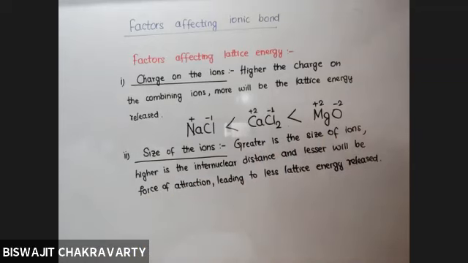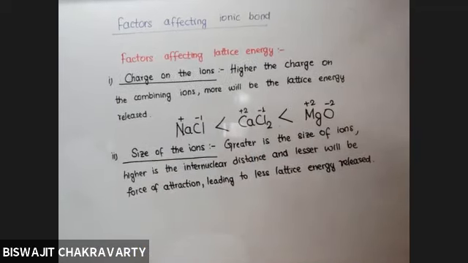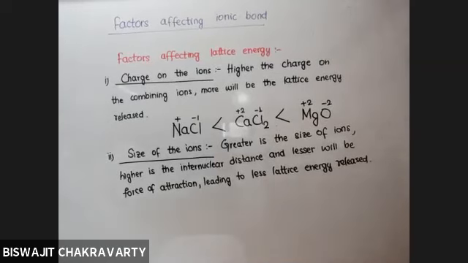So as the size of the ion increases, obviously the distance between the oppositely charged ions as far as their nucleus is concerned will be more. And if the distance is more, the force of attraction will be less. And if the force of attraction is less, automatically the lattice energy will be less.